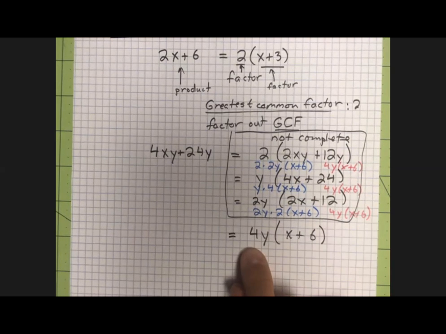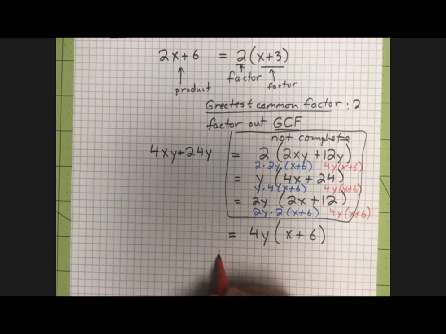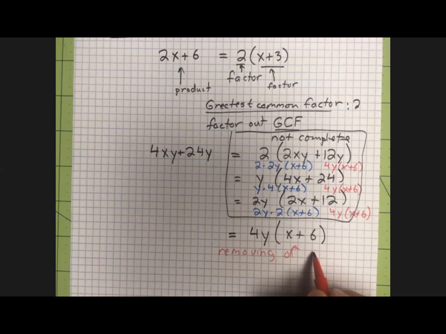Or if you'd just done it all in the first step, 4 times y times x plus 6. So that's called removing or factoring out the greatest common factor.